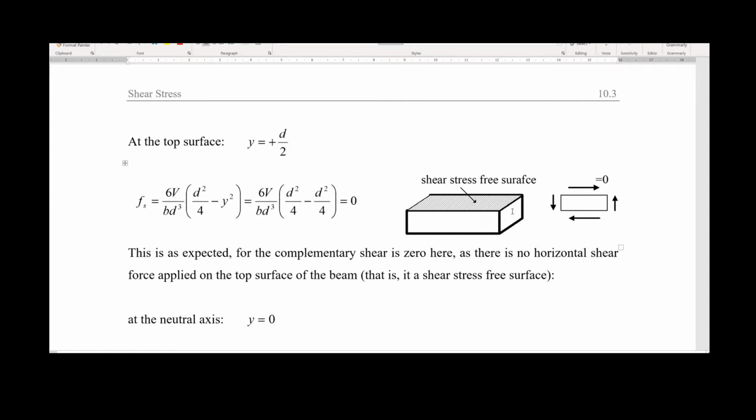For example, let's say this is a beam in 3D, and this is the cross section in here, the cross section where we are going to establish the distribution of the shear stresses, and this is the top surface of the beam. The top surface of the beam is not suffering any sort of stress because it's free.